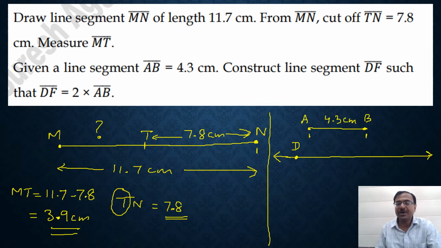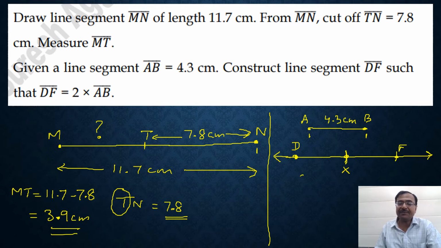Open the compass this much, place it on D, and then mark an arc like this here, right? So this point, you can mark it as X or any other alphabet. Now place the compass at X and with the same radius mark another arc like this, and this point will now be F.